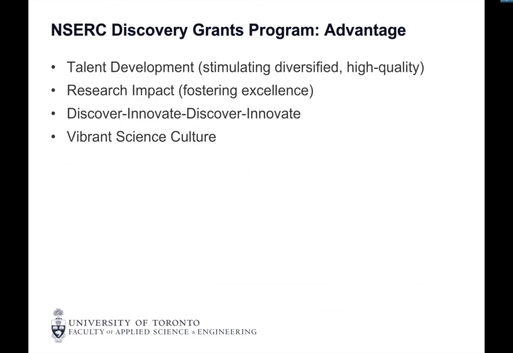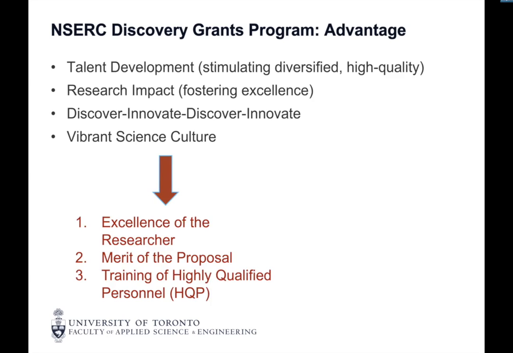This would be through graduate student training, for example, or undergraduate student training, to have research impact and to create this cycle within Canada of discover, innovate, discover, innovate. So it's the pure research and then transfer it to a practical area, and then more pure research and so on, and create really a vibrant science culture. So how do you assess something?